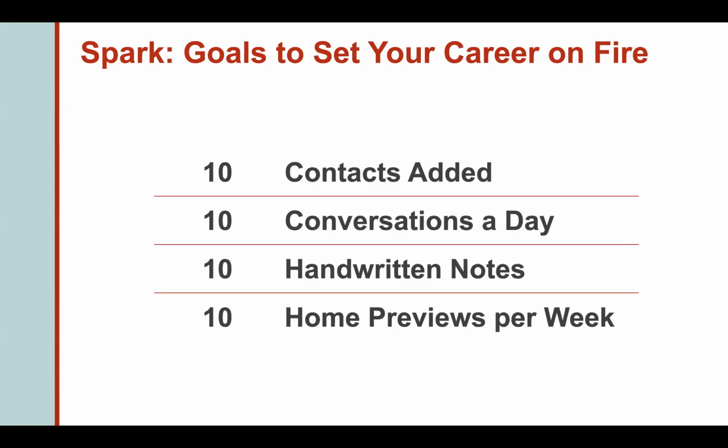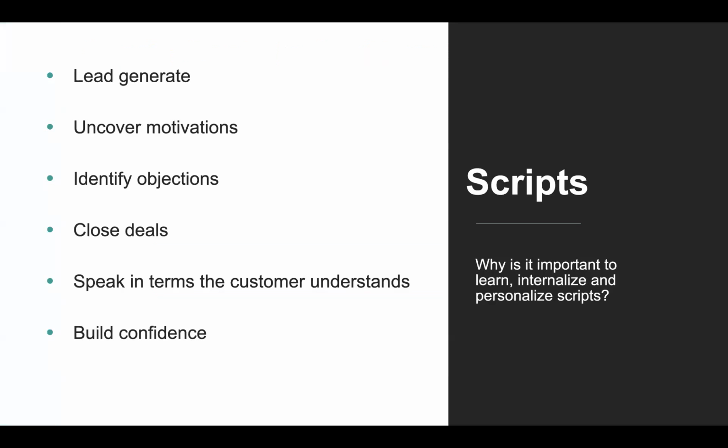You don't want those handwritten notes to not be seen at all. So feel free to replace that with something meaningful for you and the person that you're trying to reach. And home previews aren't possible, but you can still preview online on the MLS, and try to see what's sold near it, so that you get an idea.